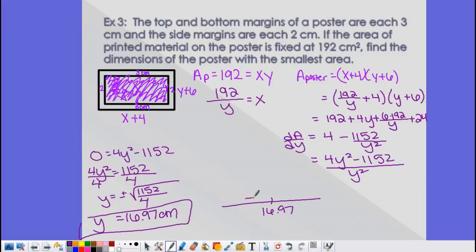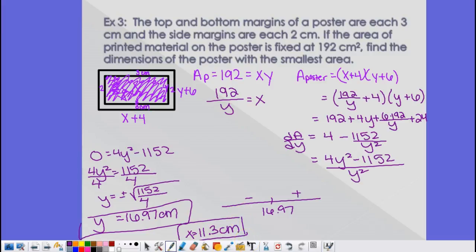Well, 20 squared is 400. 400 times 4 is going to be 1,600, which is bigger than the negative. Therefore, this is positive. Therefore, 16.97 is in fact a min. Plug 16.97 in over here for y, and you get x equals 11.3.